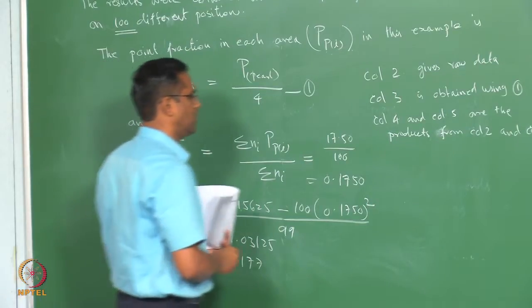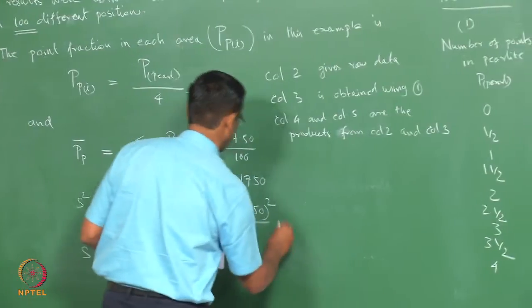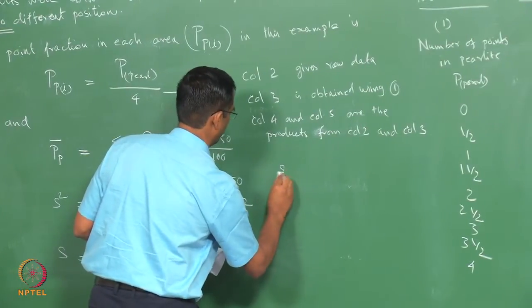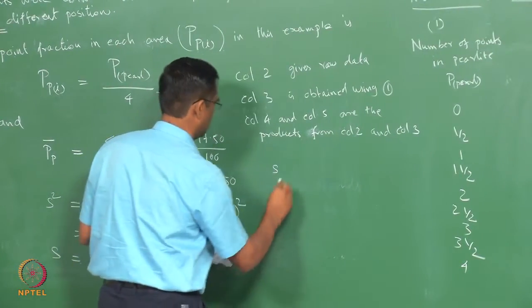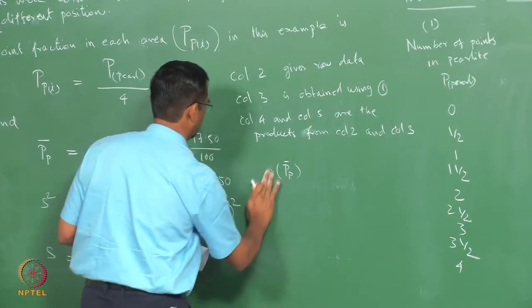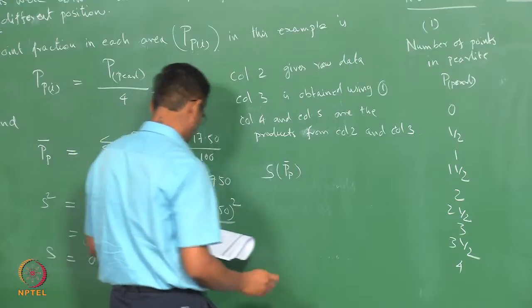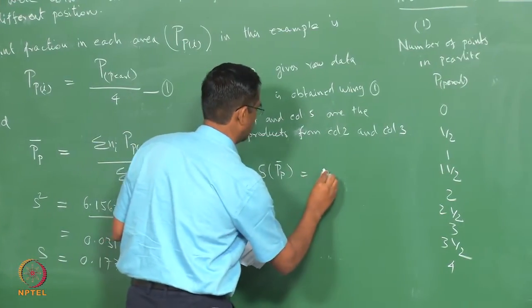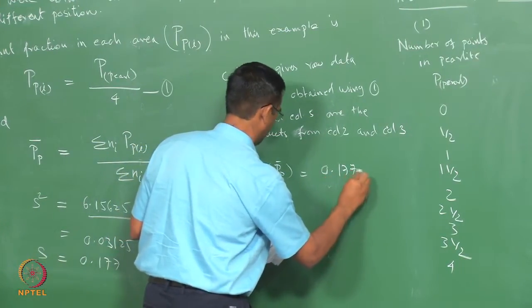So, we can calculate the standard error from this. Standard error, capital S of PP, is nothing but 0.177.